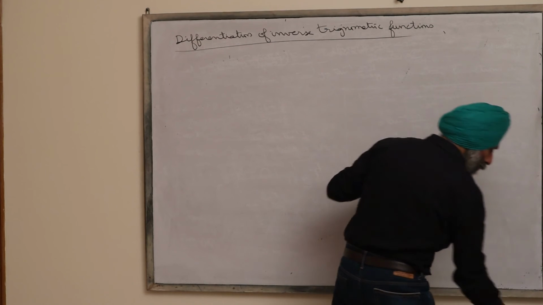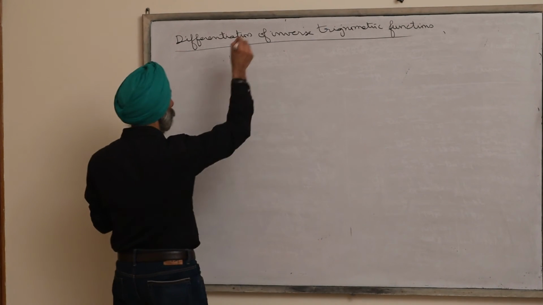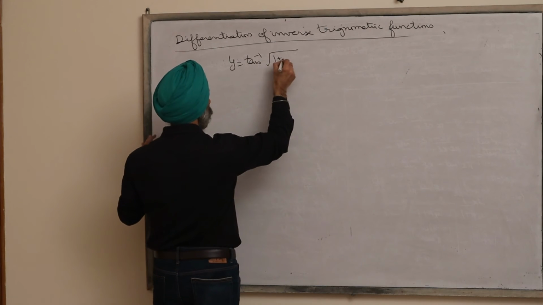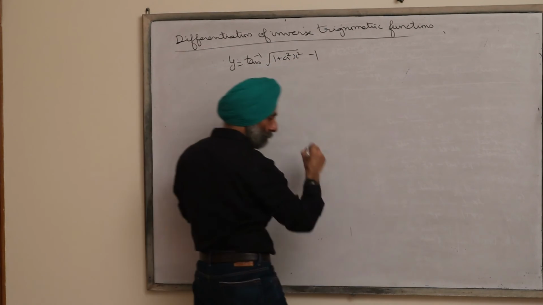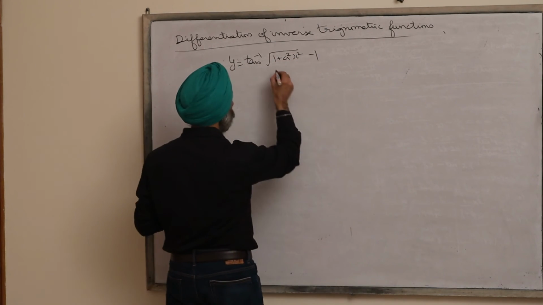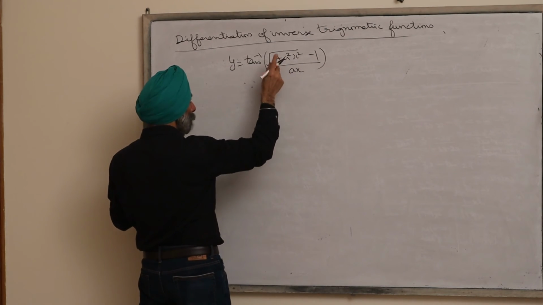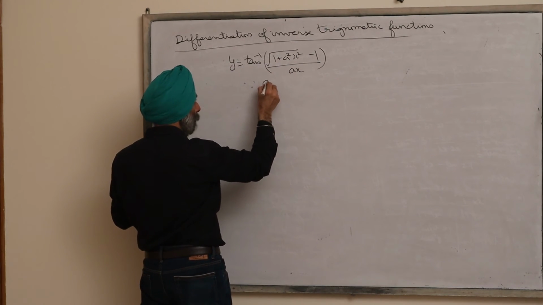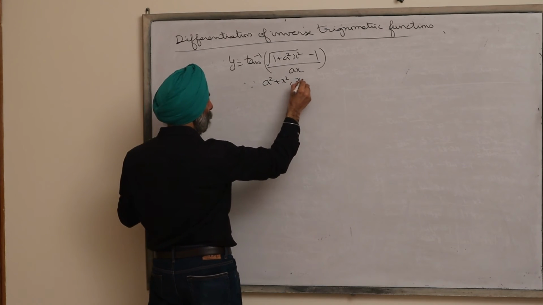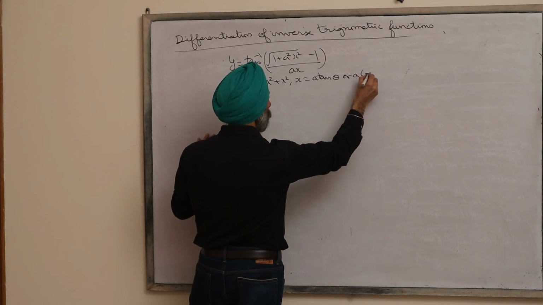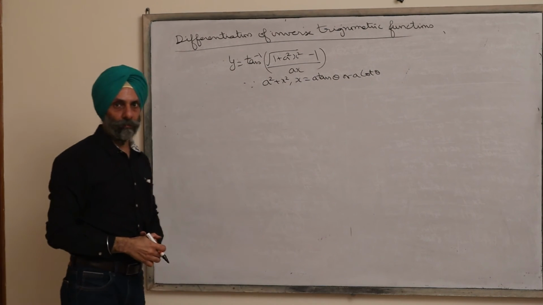Now next is to differentiate tan inverse of under root of (1 plus a square x square) minus 1 upon ax, because this is of the form a square plus x square. We will always put x equal to a tan theta or a cot theta.